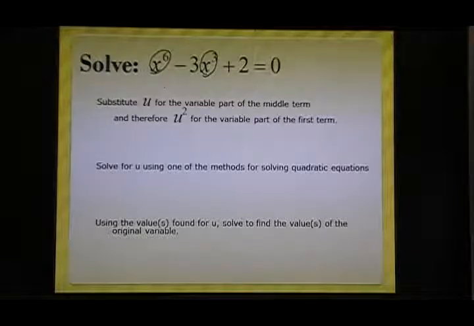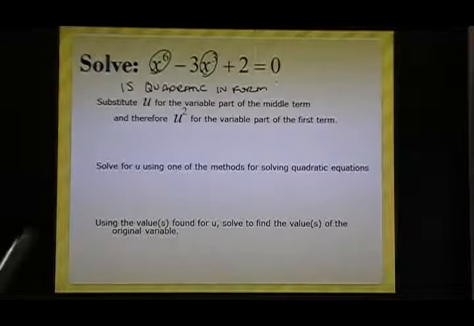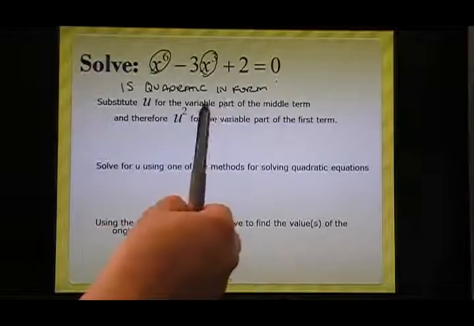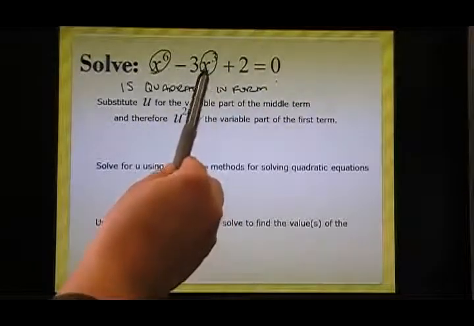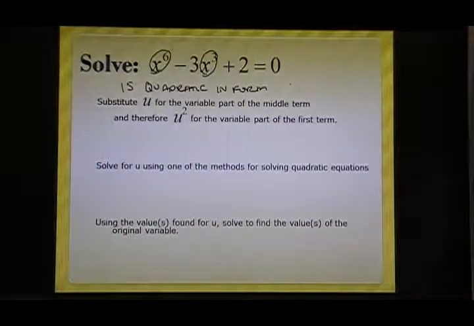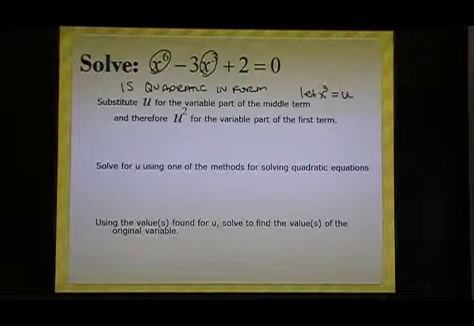Because of that, this equation is quadratic in form, and we can use a U-substitution to solve. We're just going to substitute u for the variable part of the middle term. So instead of writing x to the 3rd, I'm going to put a u in its place. I'm going to let x to the 3rd equal u.